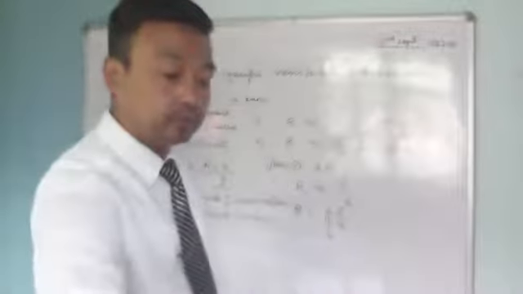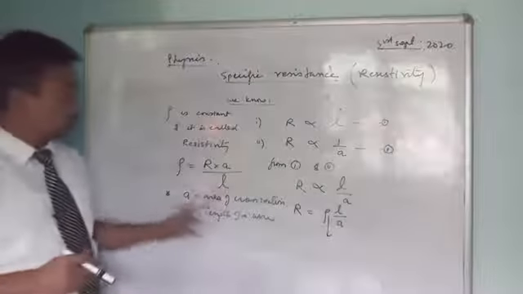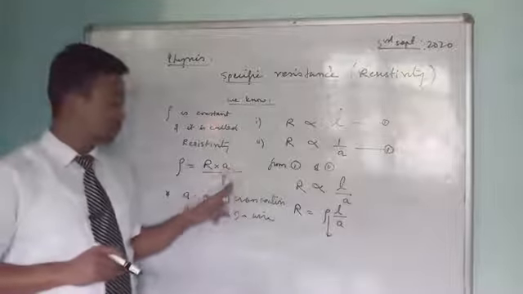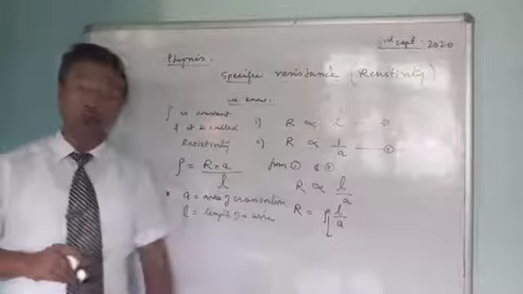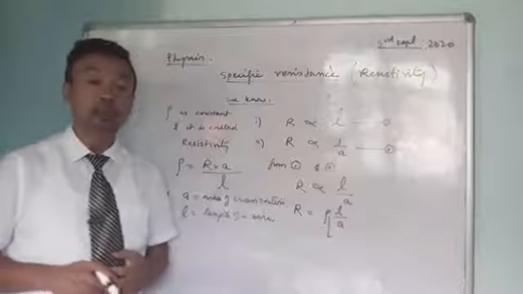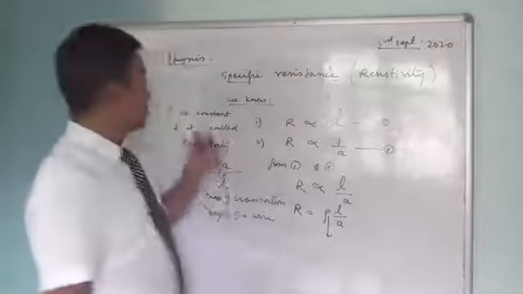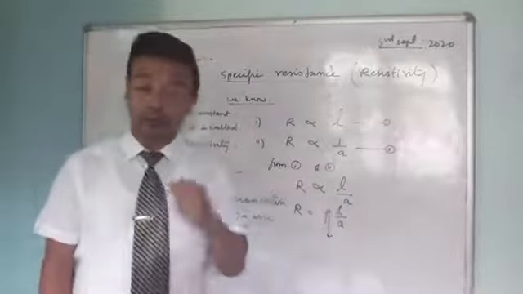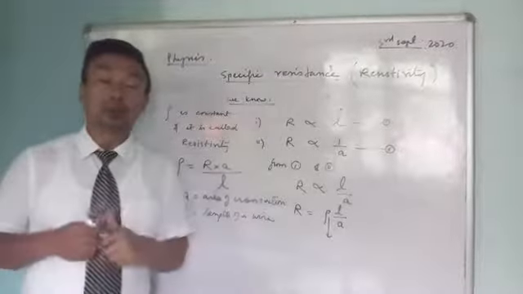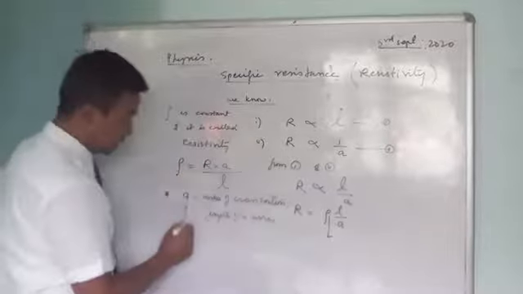Alright, now if you see from here, if the length and the area are both unit 1, then resistivity will be numerically equal to the resistance of a wire. So we can define the specific resistance as numerically equal to the resistance of a wire of unit length 1.